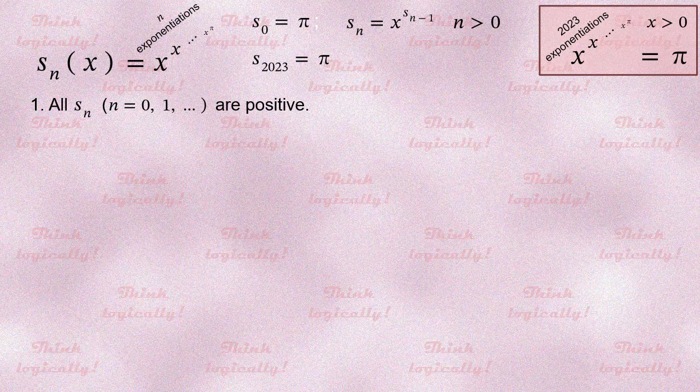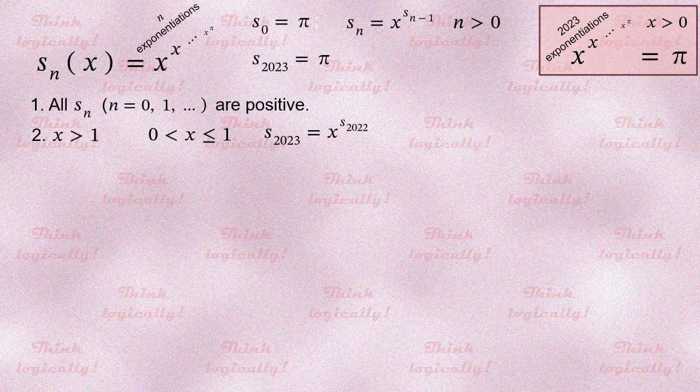And again we raise positive x to a positive power and get another positive number, and so on. The second point is maybe less obvious. x is more than 1. This is because if x doesn't exceed 1, while it still must be positive according to the condition, then we have s sub 2023 equals x to the power of s sub 2022.